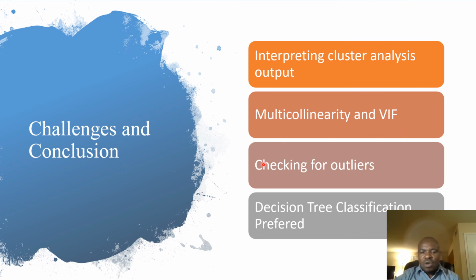And then also I had an issue with identifying and modifying outliers. But I found the decision tree classification method to be the most preferred method, because the method is not affected by multicollinearity and variance inflation factors.